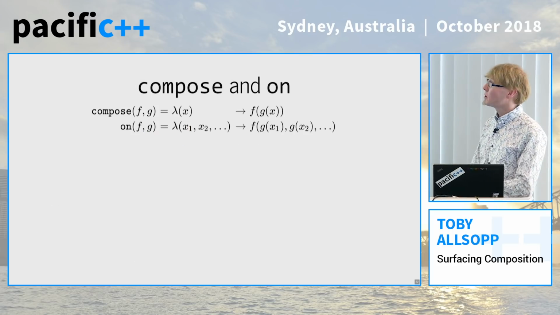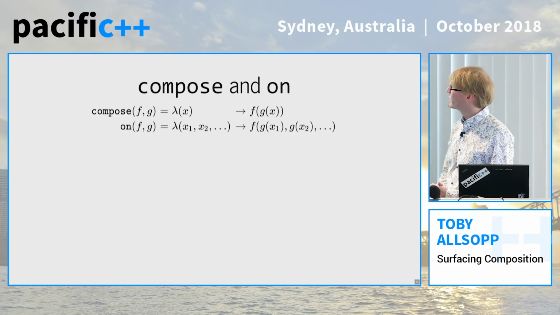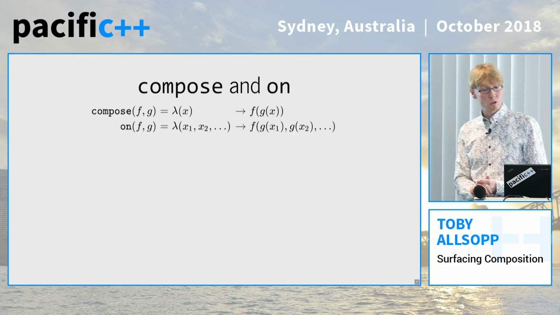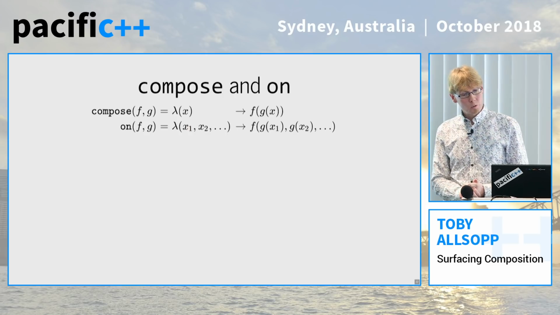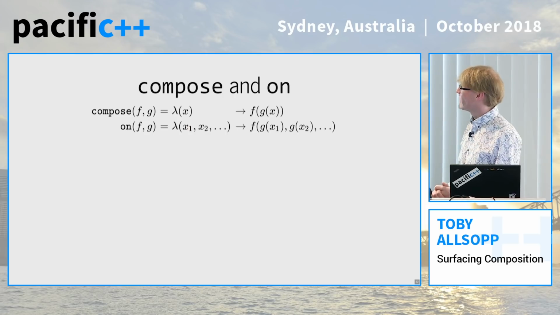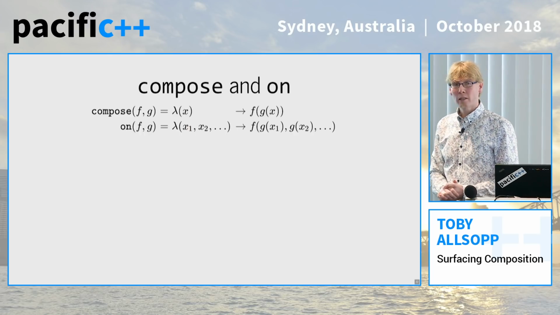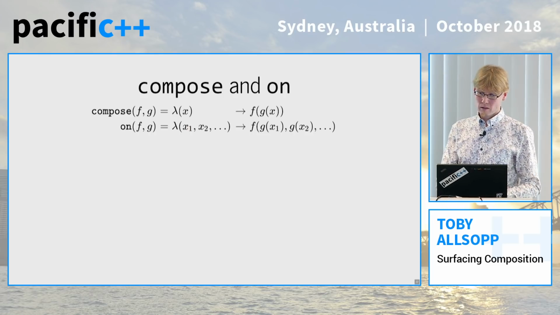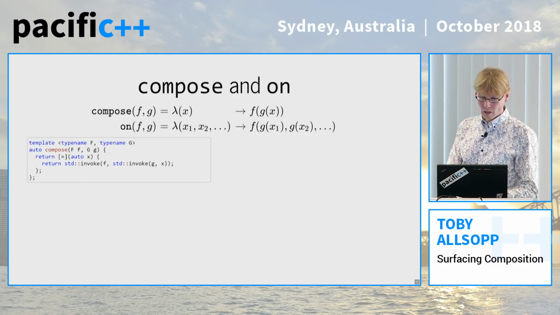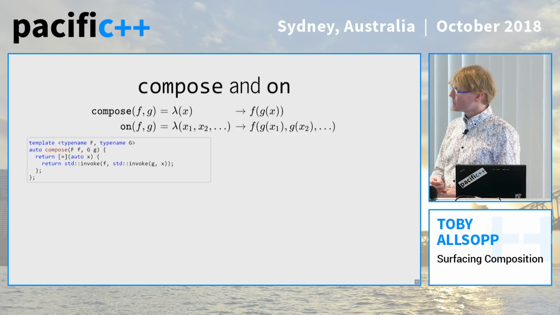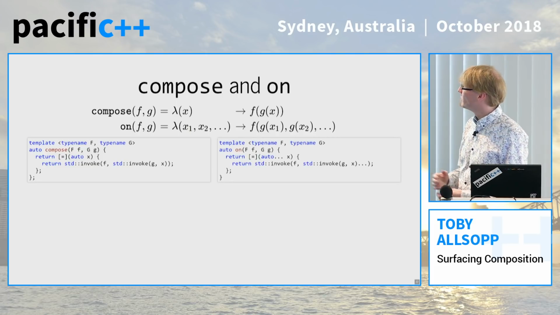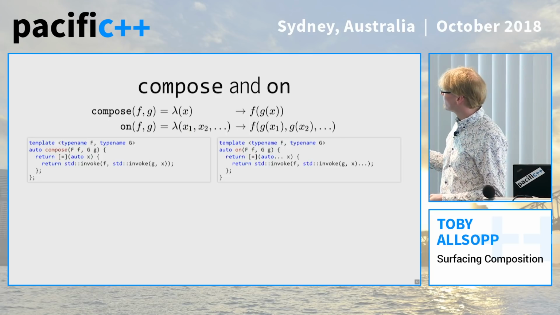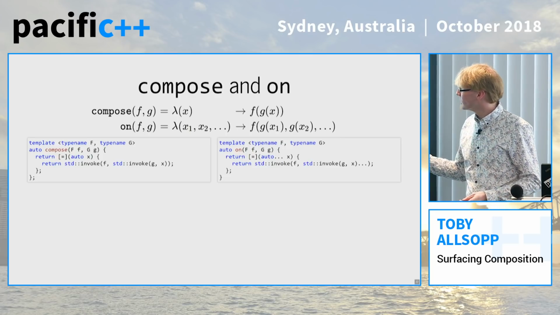All right, so let's go and look at compose and on, which are these two major operations on functions that we've been talking about. And if we put them next to each other, you might notice that they're actually quite similar. And we can compare the C++ code corresponding to each of them, and it's almost identical.